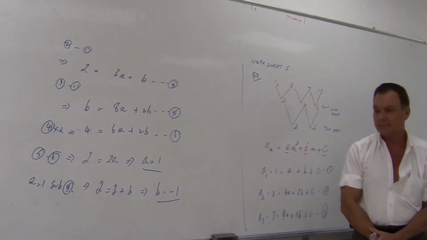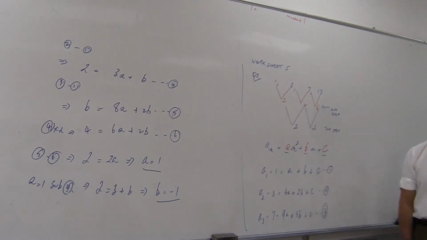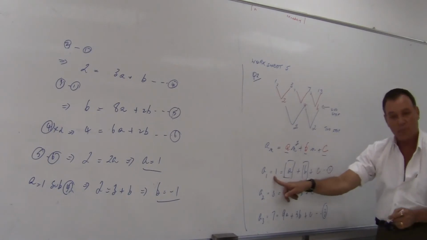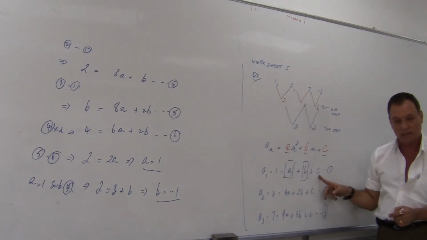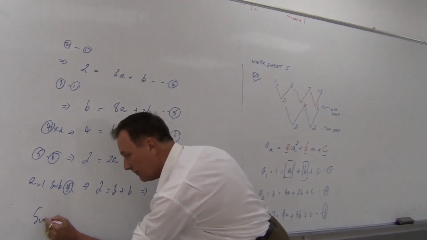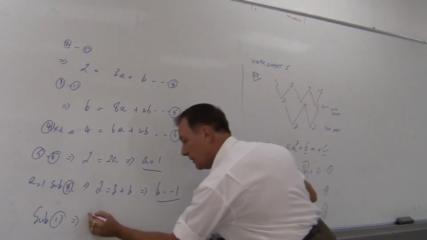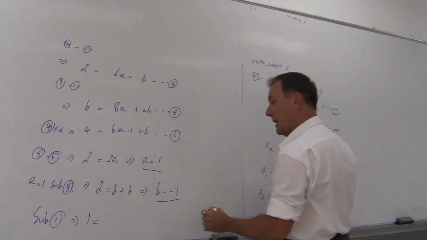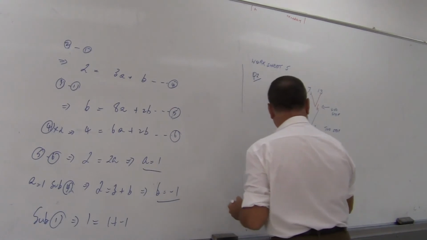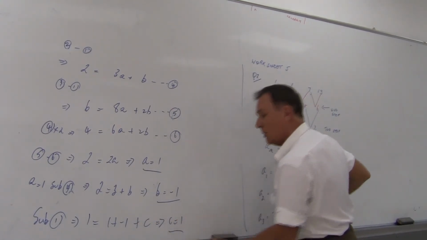Now, I still need C, which was eliminated each time. We've got A now, we've got B, so if I go back here, I can easily work out what C is. So sub back in 1, and what have we got here? 1 equals A plus B plus C, well where's our A? It's 1 plus negative 1 for B plus C. That says C is equal to 1.